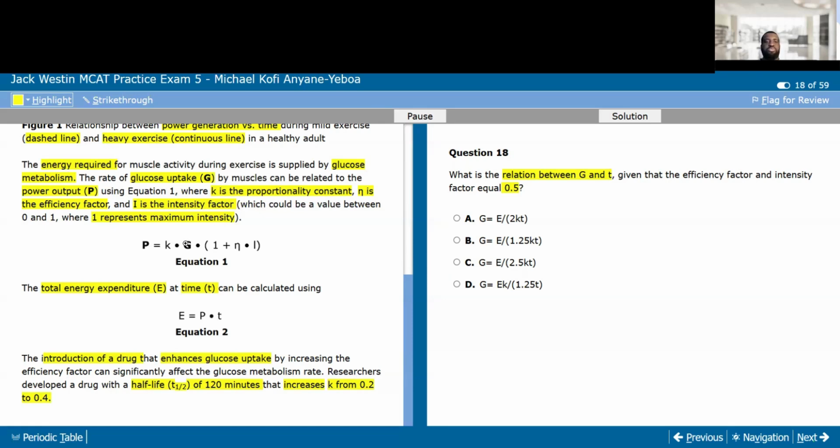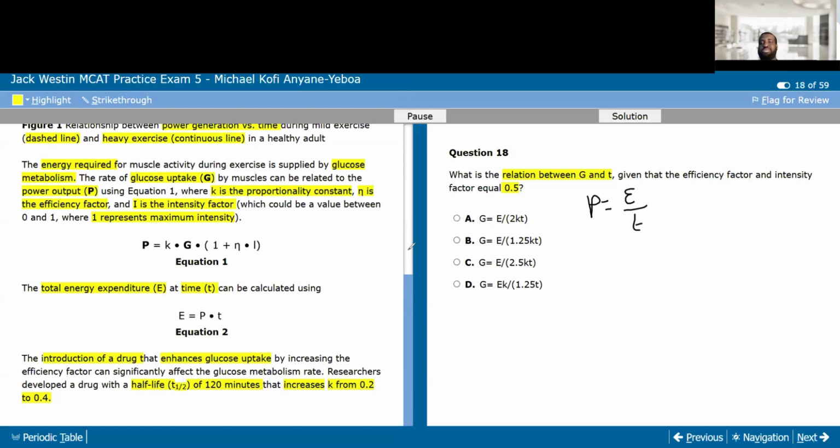In our first equation, we have G there, but we have no T. In our second equation, we have T, but we have no G. But in both equations, we have P, the power output. So what we are going to do is rewrite both equations and make P the subject of the equation. In the first equation it has already been done, but in the second equation, P is going to be equal to E, the total energy expenditure, divided by T, right?